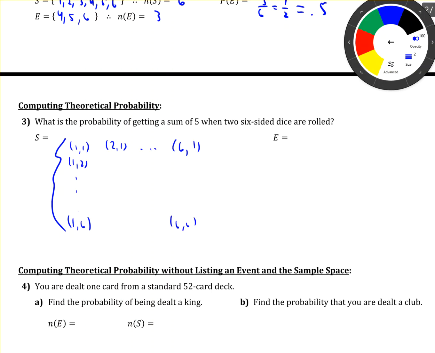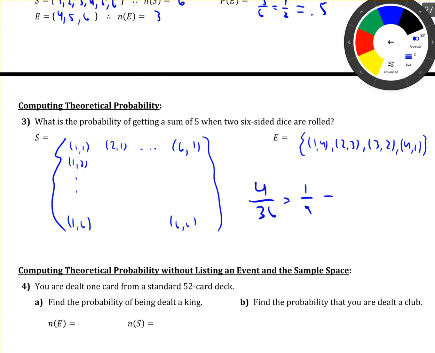That was that diagram. That's that whole space. And E is basically the set. We said it could be 1 4, 2 3, 3 2, or 4 1. And so when I look at that, I get 4 over 36, which is 1/9, or 0.111.